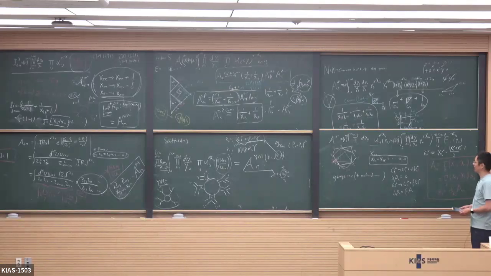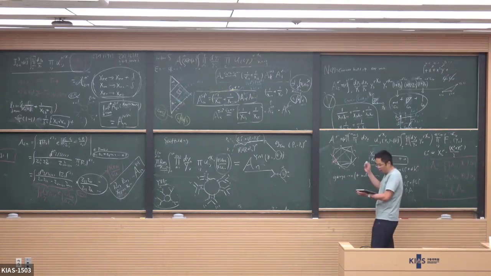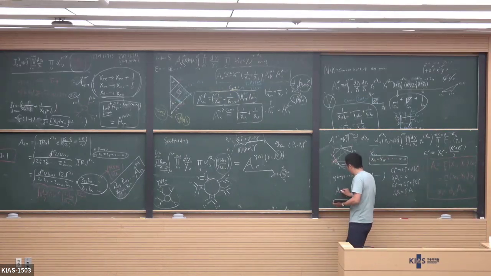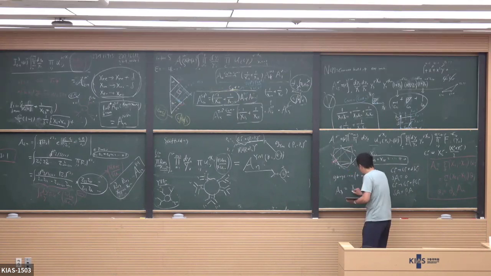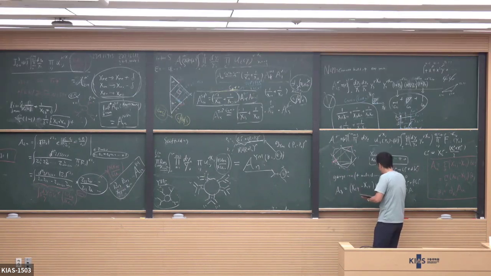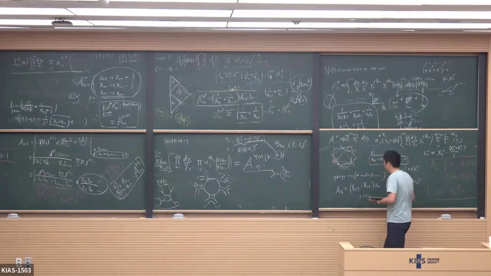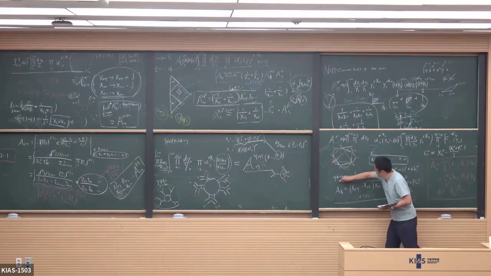Now, very beautifully, we will see. Let me give you one more example. Say the three-point amplitude. How does the three-point amplitude look? The three-point amplitude looks exactly like x24 minus x14 times x36 plus cyclic. This is also an exercise for you.